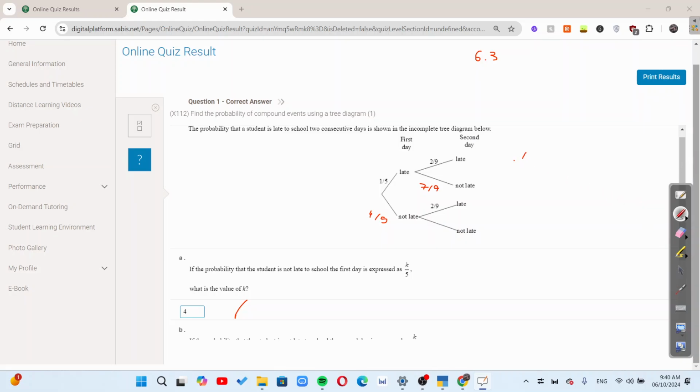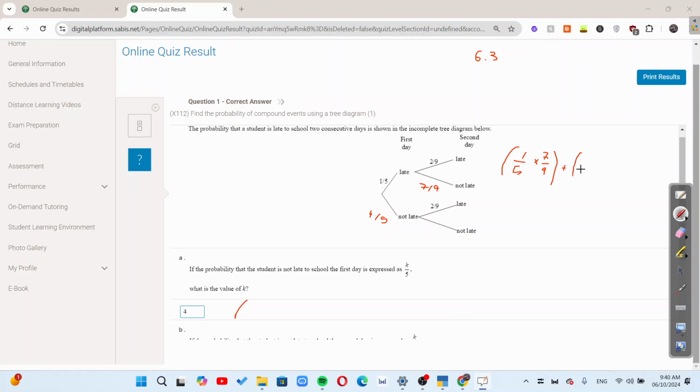So 1 over 5 times 7 over 9. That's your probability of late, not late. You add it to the probability of not late, but then late.